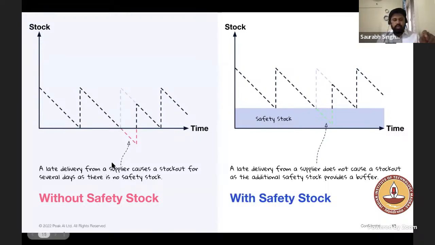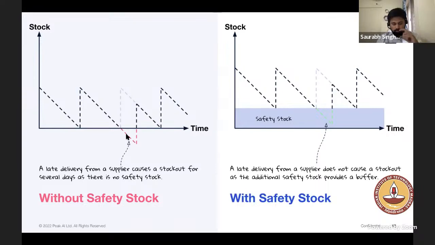But suppose a situation arises where a late delivery from a supplier causes a stockout for several days, as there is no safety stock, right? So here you don't have any safety stock. You order when you completely consume your available stock, and any delay in supply can cause a stockout.